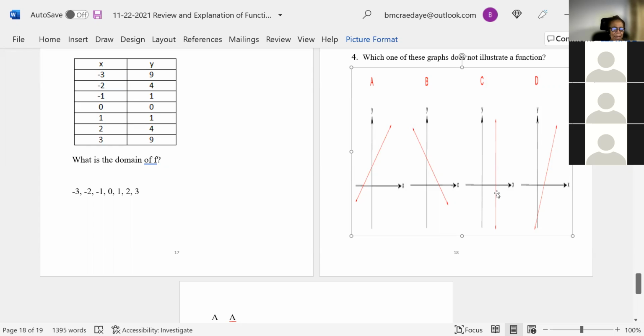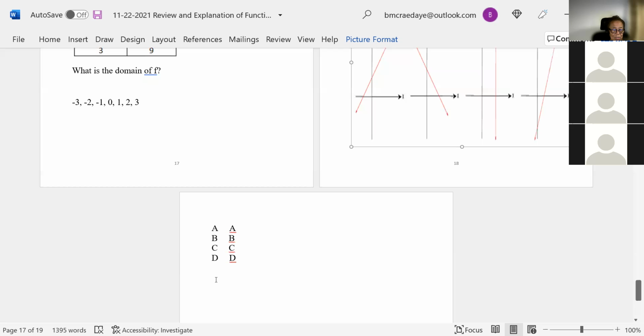You're dividing by 0 because your X value is the same, so that would be undefined. The slope of this line is undefined. So whenever you have a vertical line, you have an undefined slope. So which graph does not illustrate a function? Just like Latoya said, it would be C. Answer C.